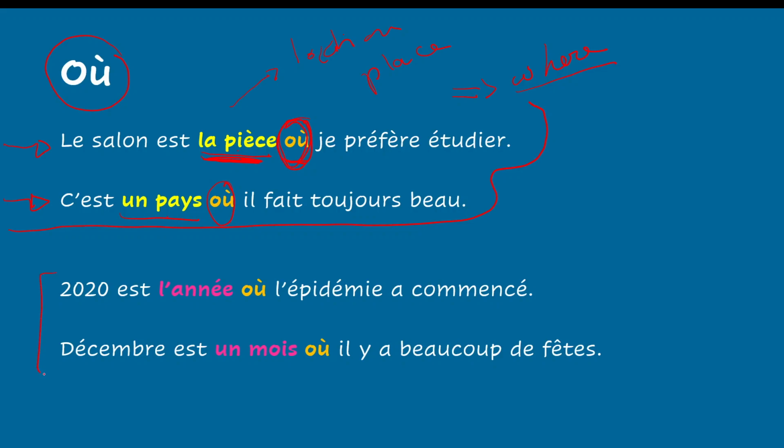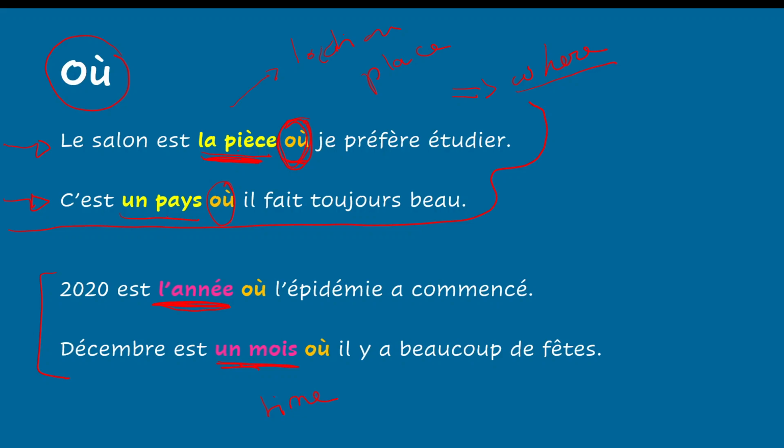Here, you're also going to use où, and that's a little bit less known, but it is in your ebook as well. So when you see here, l'année is not a place. Un mois, the year, a month, it's more a time, right? A period of time.